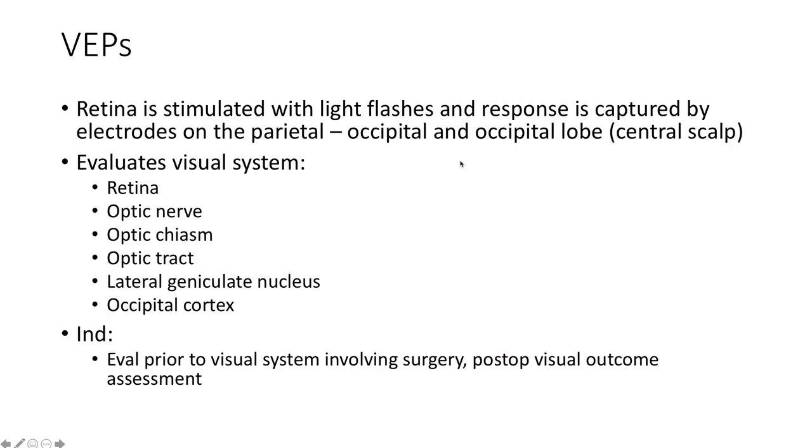Last but not least, the visual evoked potentials. Here, a patient gets fitted with dark eyeglasses and the retina is stimulated with light flashes, and responses are then captured with electrodes on the parietal and occipital lobe, the central scalp. So here we evaluate the whole path from retina, optic nerve, optic chiasm, optic tract, then to the lateral geniculate nucleus and occipital cortex.